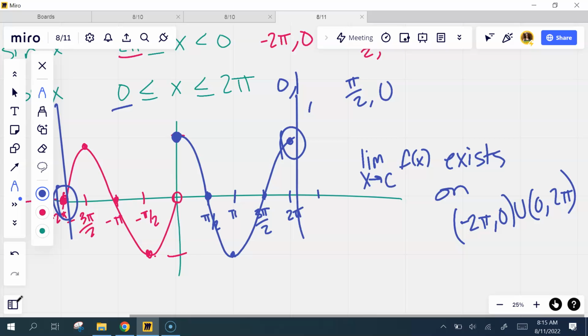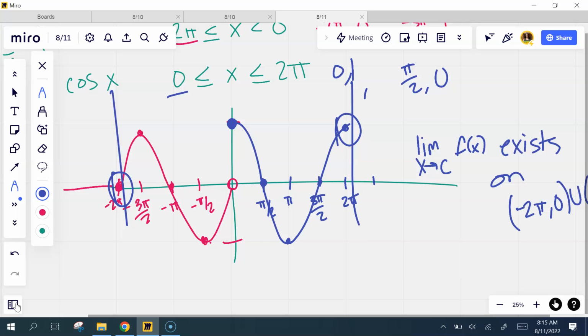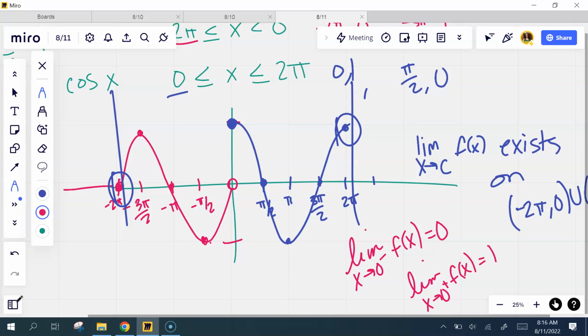Okay, so 0 is not included because if I do the limit as x approaches 0 from the left, what do you get? 0. What's the limit as you approach 0 from the right? 1. In order for the limit to exist, those two values have to be the same. That's why.